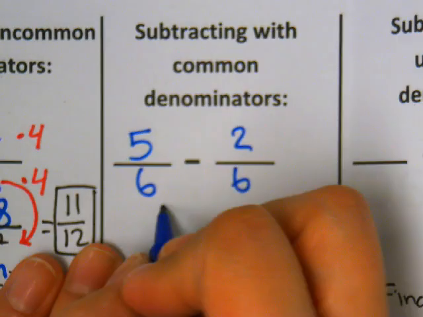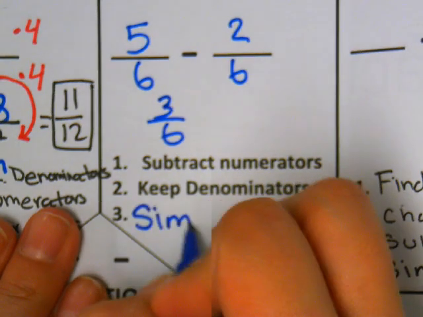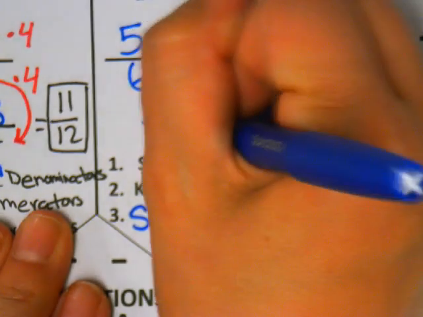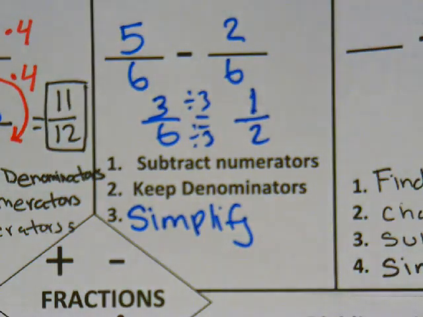Good. So smart. But we have to simplify by 3. 1 over 3. I mean 1 over 2. So go slow. We can divide the top and the bottom by 3. So 6 divided by 3 is 2. Right? So when you type this into the iPad, what's the answer that will give you credit? 1 over 2, right? If you type in 3 over 6, it will not work.